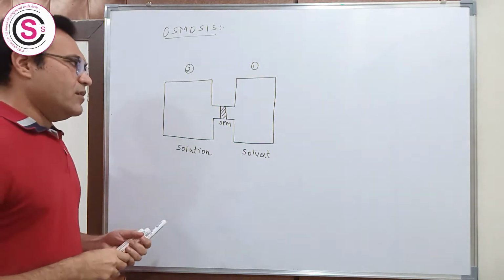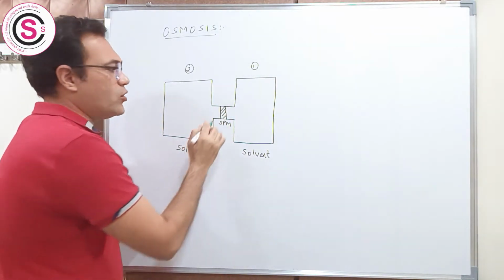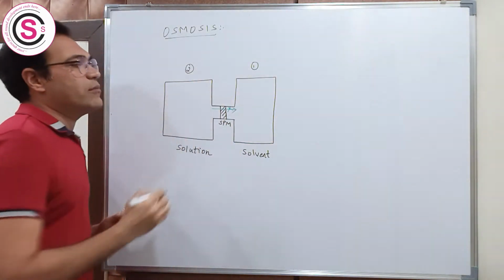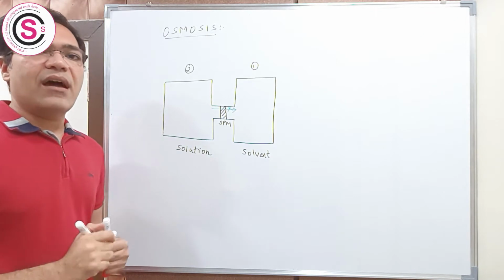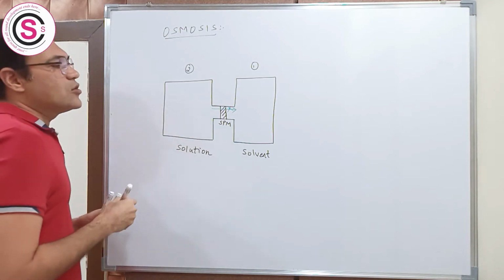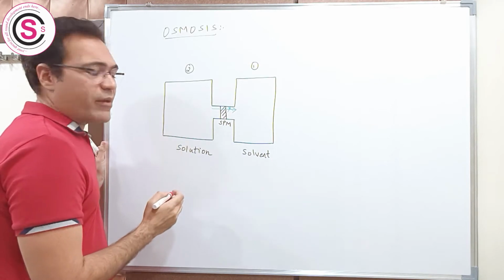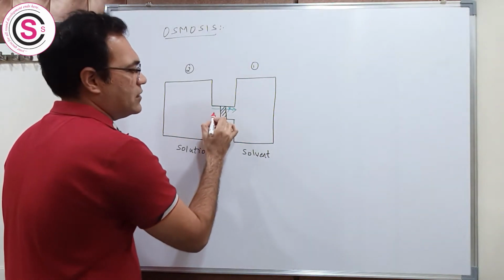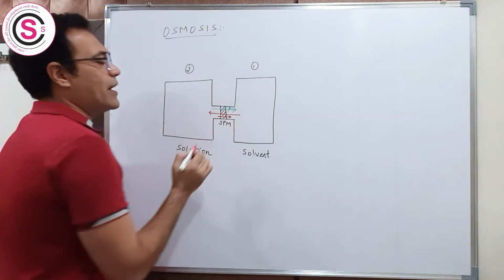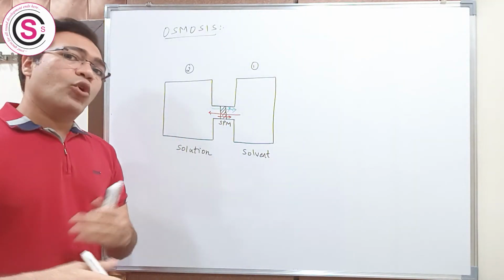So what will happen? Think. Here there is no solute and here there is solute, so the solute will try to move here. But this movement is not possible, because the semi-permeable membrane allows only solvent molecules to pass and not the solute. So the solvent molecules will try to pass through the semi-permeable membrane. This can happen in two ways: the solvent molecules may pass like this, or they may pass like this. Actually both will happen.